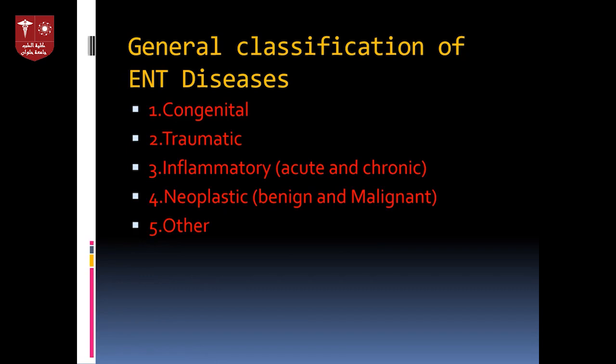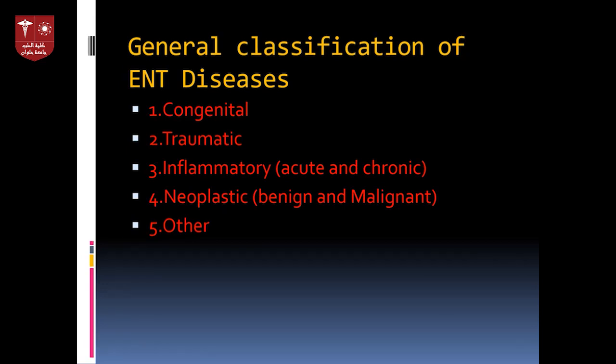So in symptomatology, when you get asked about anything, like maybe in our department, what causes nasal obstruction, for example, you have to think: nasal obstruction may be congenital. It may be traumatic.